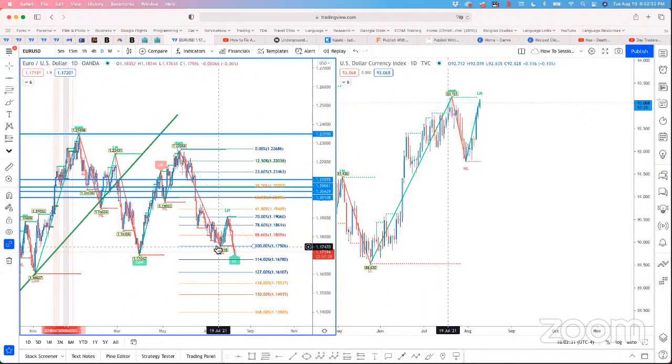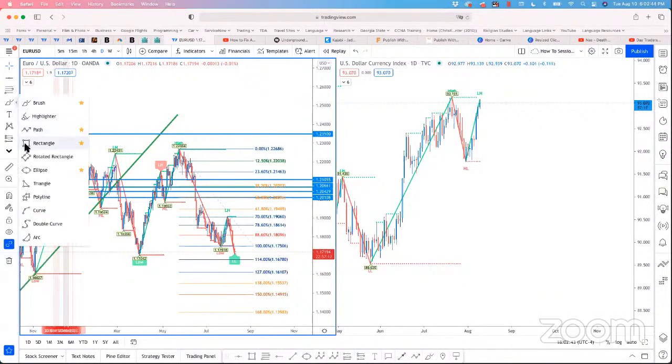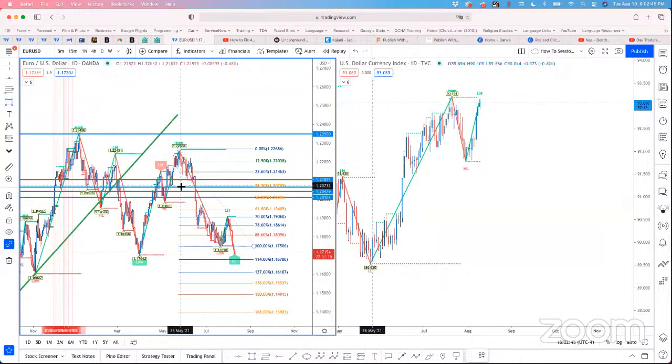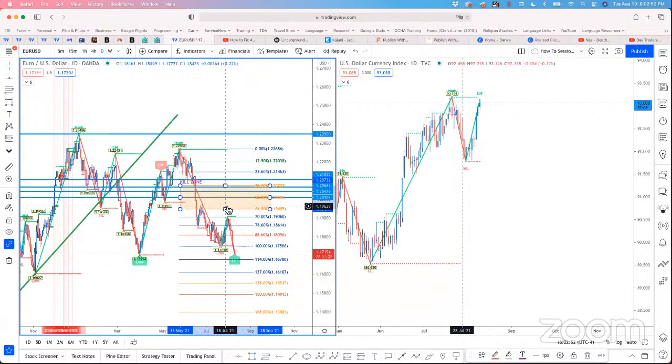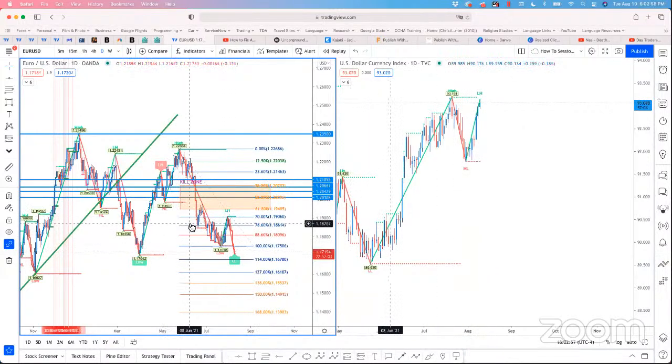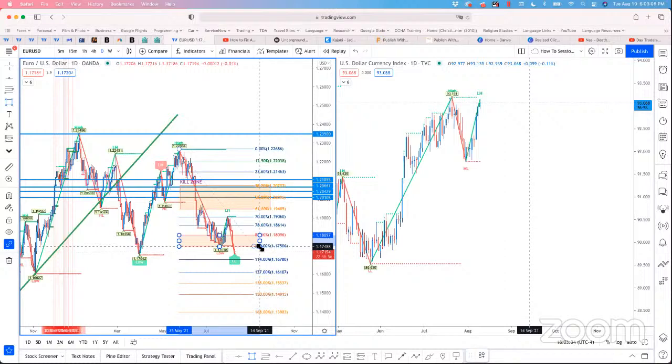High to low, right? You just need to understand the overall trend of the market. This area right here is your kill zone, your retracement levels. And you also have to understand that when you're near here, there's always going to be demand.